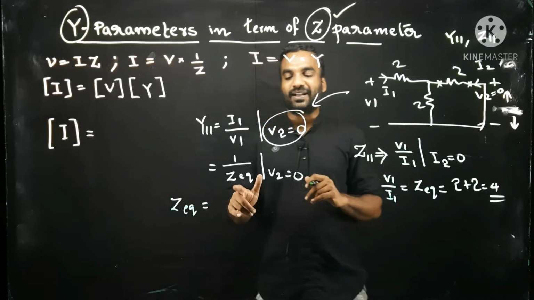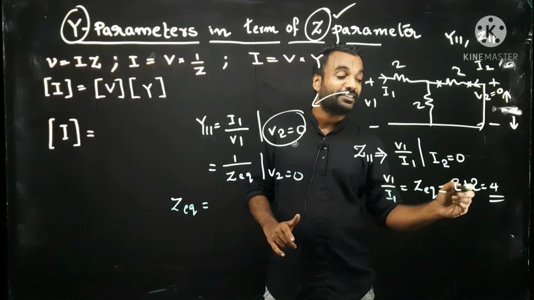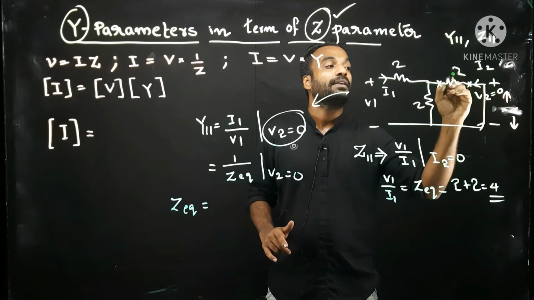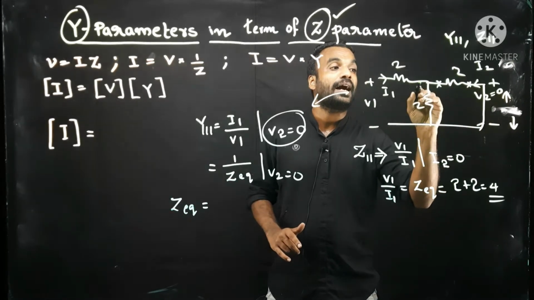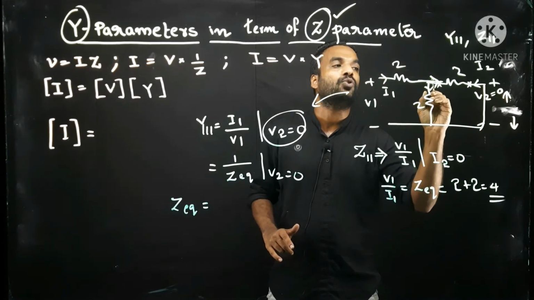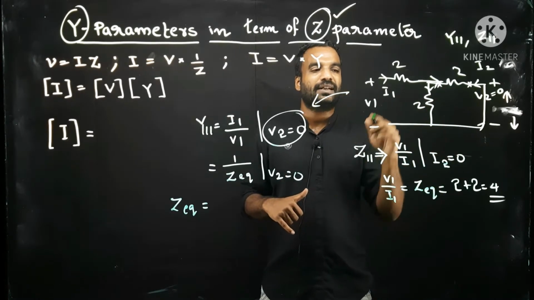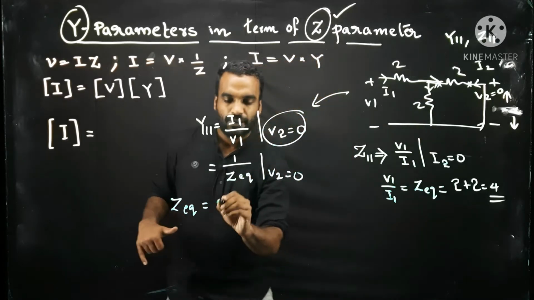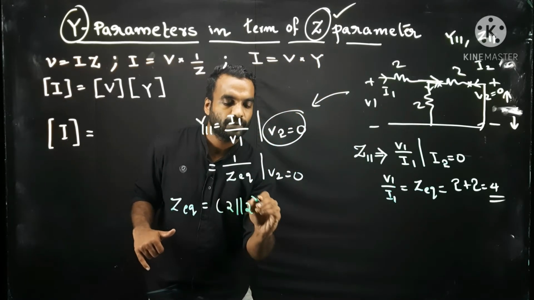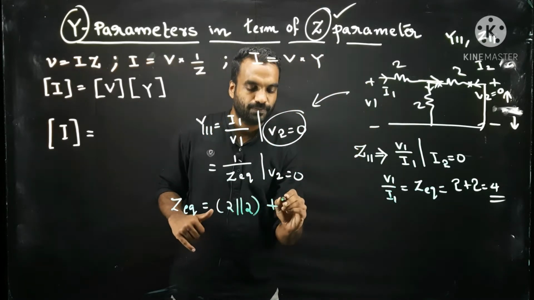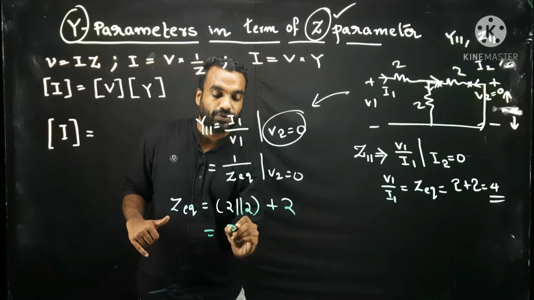Now let me ask you, what is Z equivalent? It is not this simple, because now as this is a short circuit, current will pass in this path also. So this resistance will also come into the picture. So Z equivalent will be 2 parallel to 2 plus this 2. That will be 1 plus 2, 3.